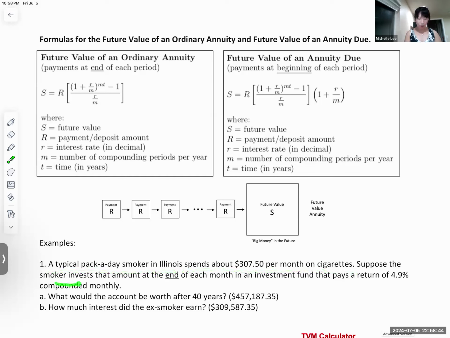Suppose the smoker invests that amount at the end of each month in an investment fund that pays a return of 4.9% compounded monthly. What would the account be worth after 40 years? Okay, all right. So let's do that.